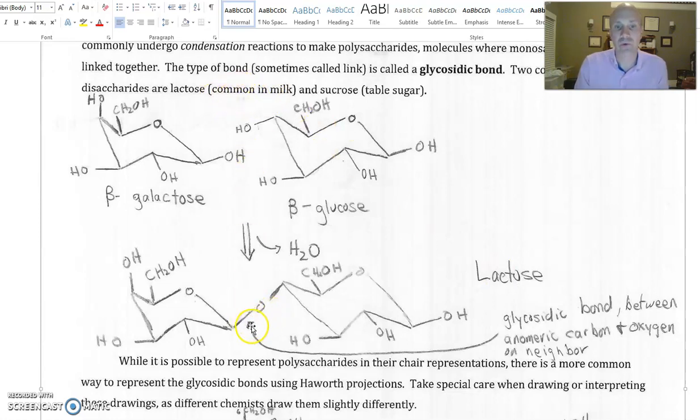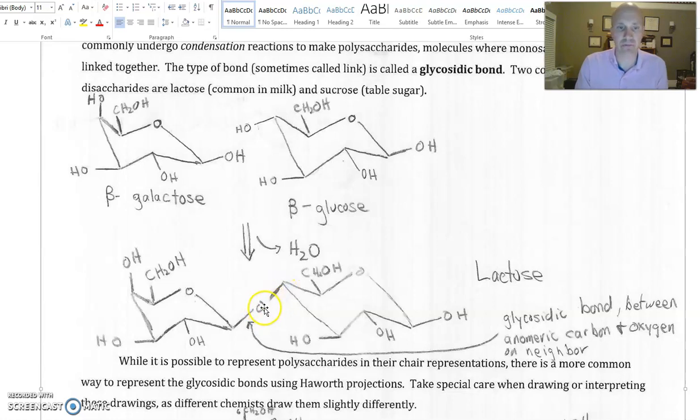One other thing I wanted to mention, the linkage that connects the two monosaccharides is what's called a glycosidic bond. Specifically, the glycosidic bond is going to be the bond between the oxygen and the anomeric carbon of one of the monosaccharides. You might look at this and say, well, either of these is an oxygen carbon bond.